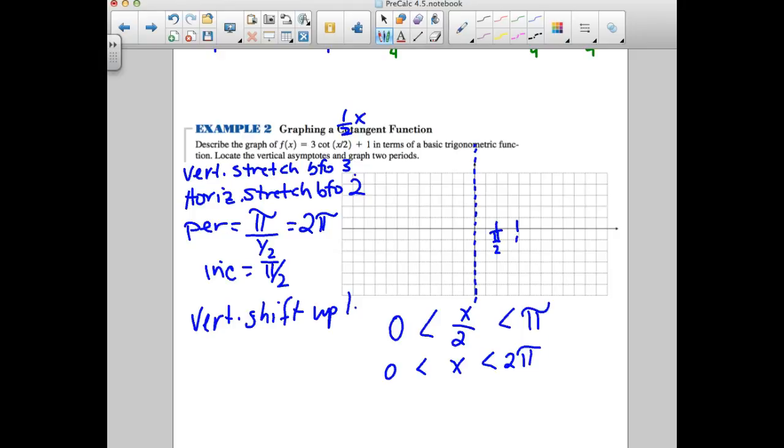This would be pi, 3 pi over 2, and 2 pi. And that's where my next asymptote is going to be. Okay. Let's draw the same thing on the other side. It's asking me to do 2 periods for this one.